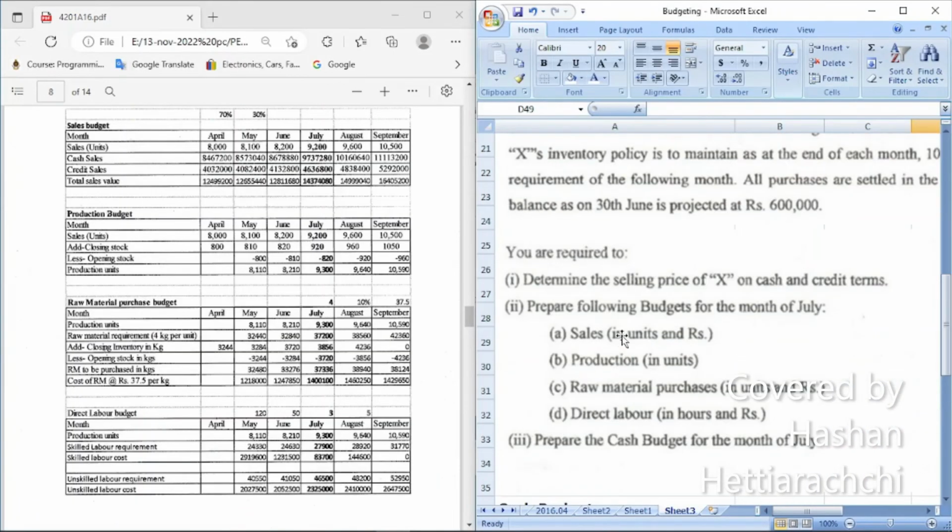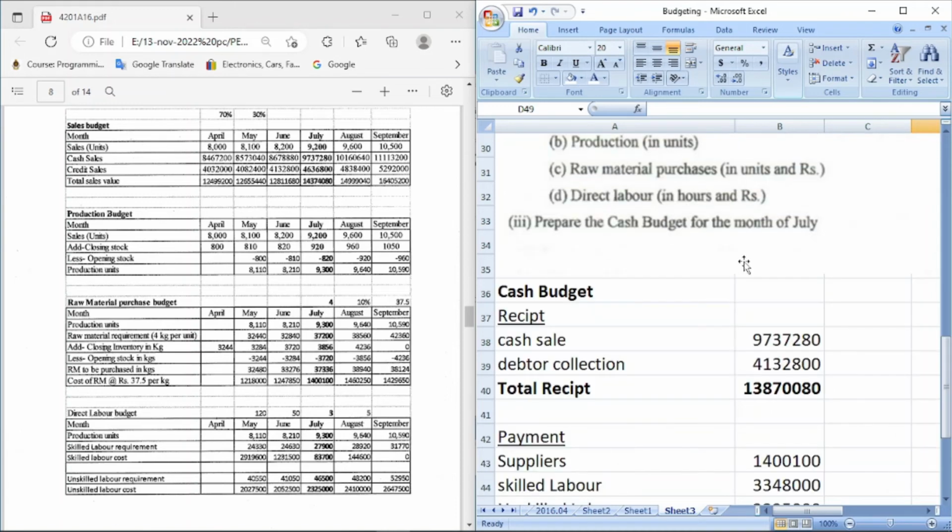Right. Next they ask prepare the cash budget for the month of July. Let's see how do we prepare the cash budget. So let's enter cash sales of July, in here it is mentioned, and next debtor collection of July.